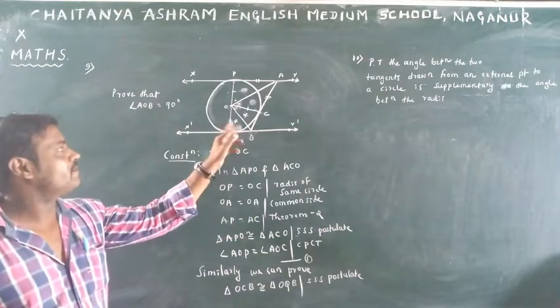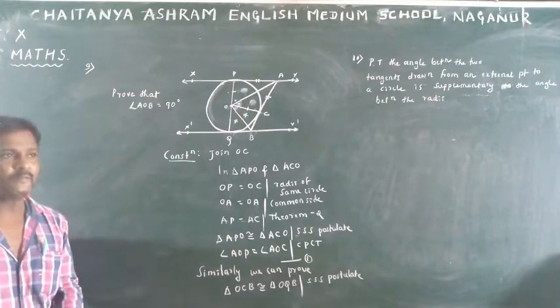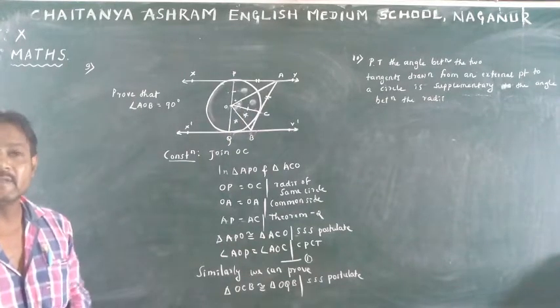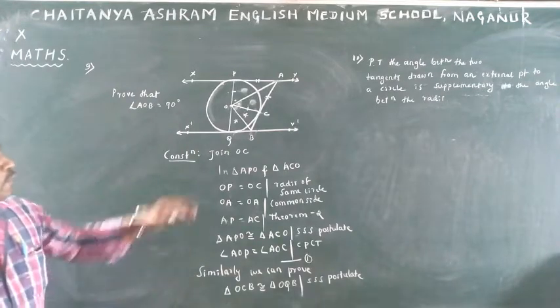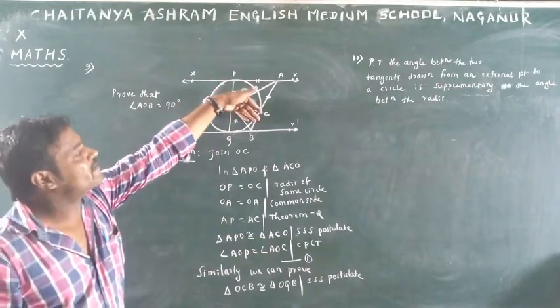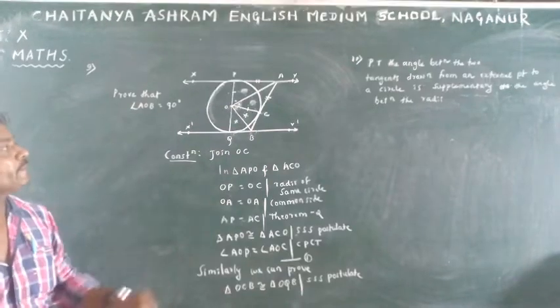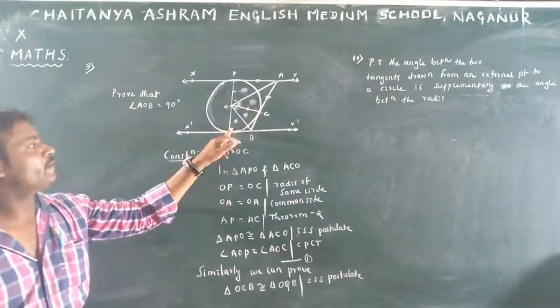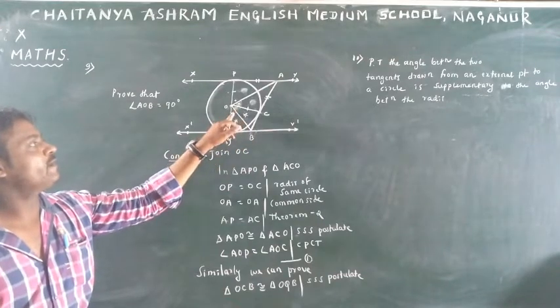Once triangles are congruent, their corresponding parts are equal. Corresponding parts of congruent triangles means corresponding sides and corresponding angles. Flip this triangle over this triangle, they exactly coincide because they are congruent. This angle is equal to this angle, and this angle is equal to this angle.